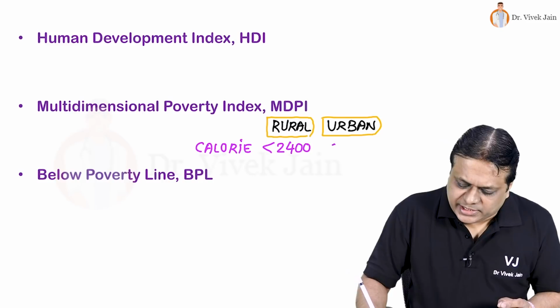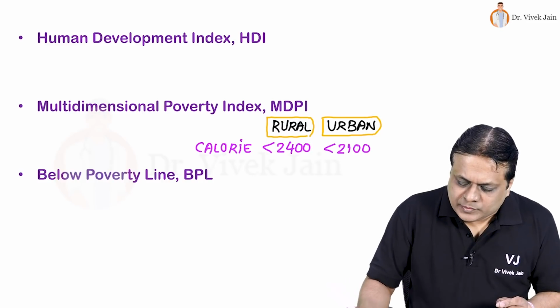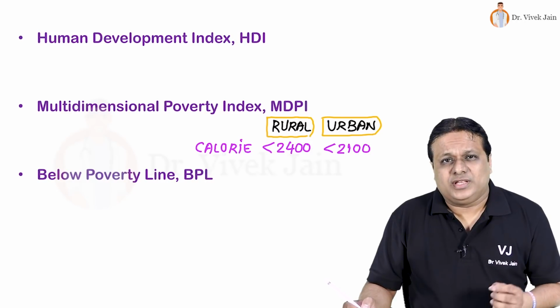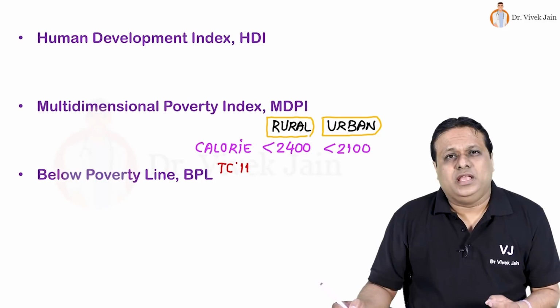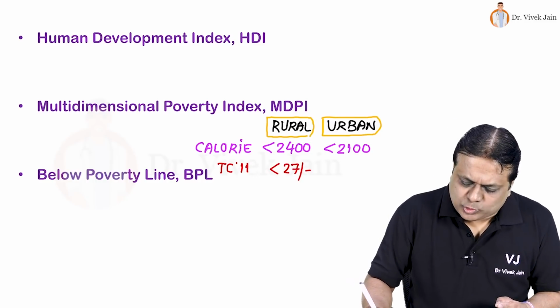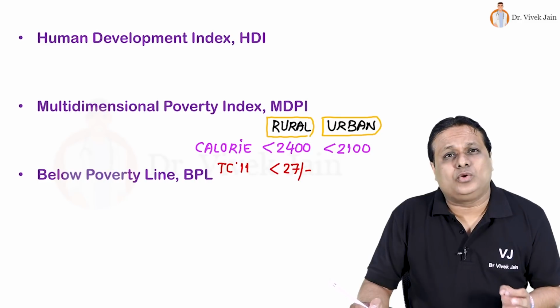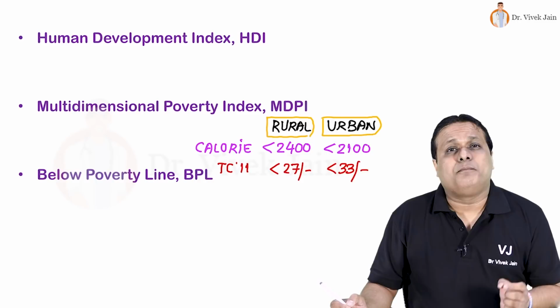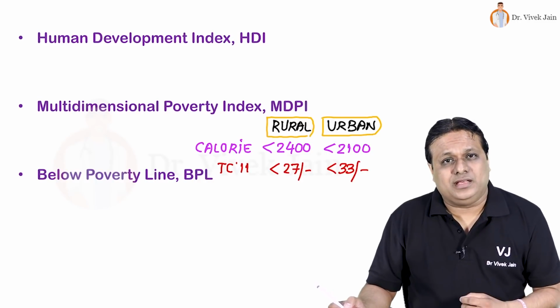In urban areas, it is less than 2100 kilocalories per day. The cutoff given by Tendulkar Committee in 2011 was less than 27 rupees per day income in a rural area, less than 33 rupees per day in an urban area.